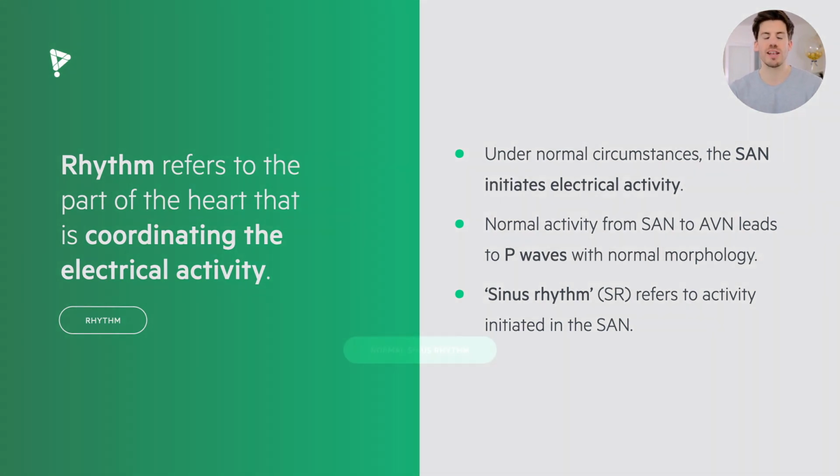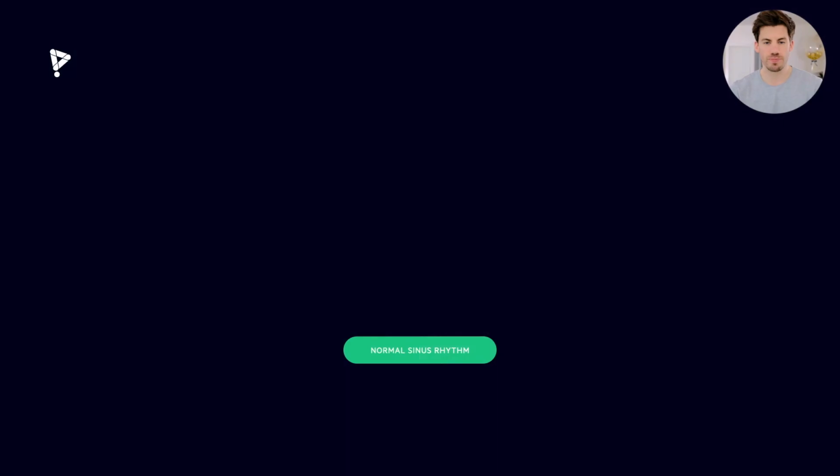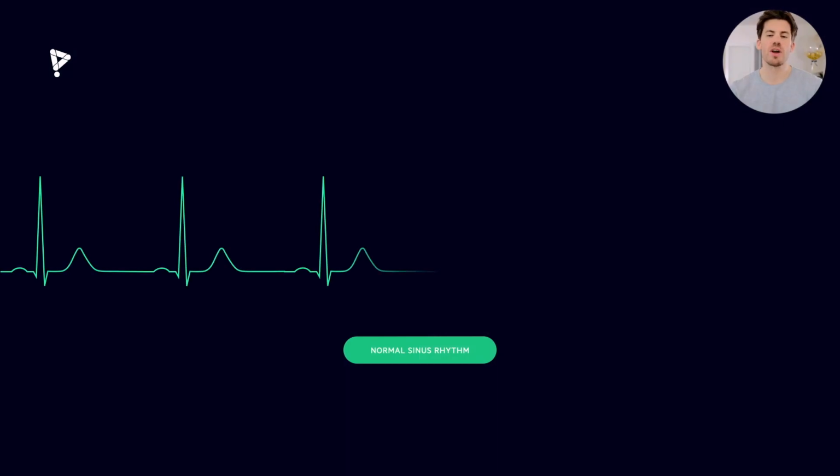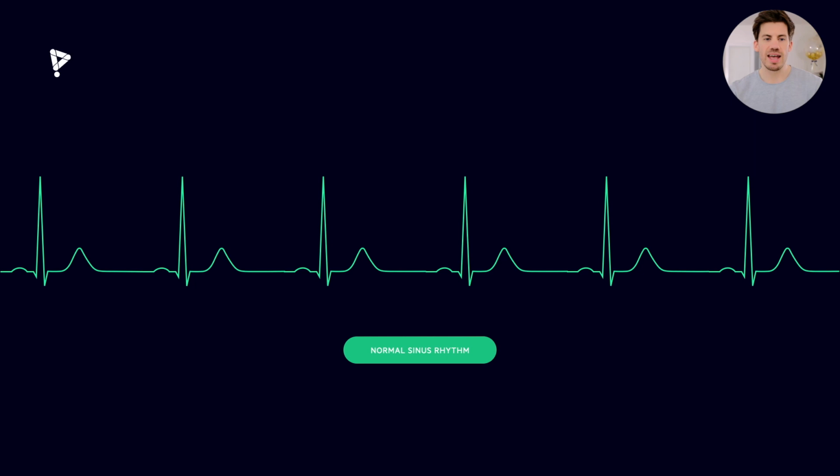So let's look at that in an example. Normal sinus rhythm is a very particular term. If we take this rhythm strip, we can see there's P waves, there's QRS complexes for every P wave, there's normal T waves, and the PR interval we can say is normal. The defining feature of normal sinus rhythm is it's initiated in the sinoatrial node, so there's a P wave.